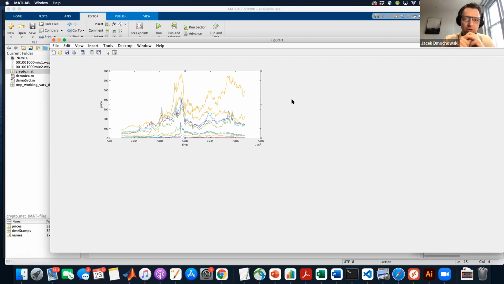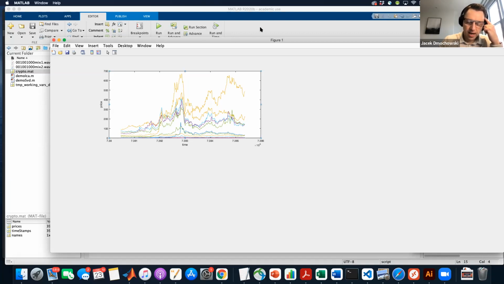And the main reason is that in many cases, and I would argue in this case, the actual value of the price is not as important as the fluctuations and the relative fluctuations around each currency's mean.